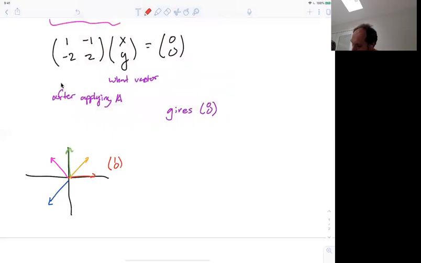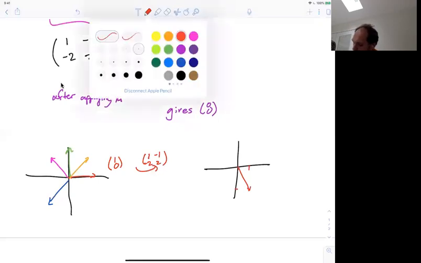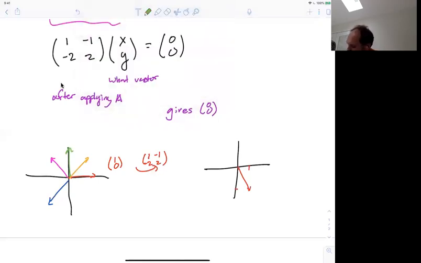So 1, 0, we're going to multiply that by our matrix, and we should end up with 1, minus 2. And then likewise, the green vector 0, 1 is going to go to minus 1, 2.